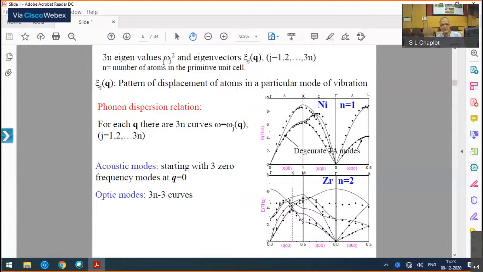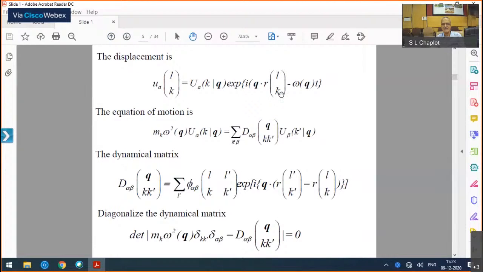If it's positive, then omega j would be real frequencies, which correspond to a dynamically stable structure. However, if through calculations you end up with omega squares which are negative, that would mean omega j are imaginary, and that essentially means such a solution is not a periodic solution, but a function that decays with time.